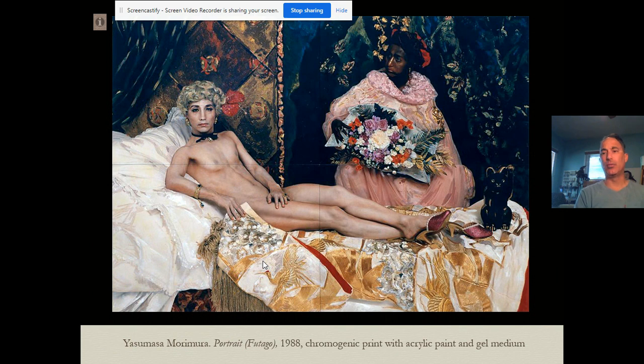Now, another artist working with the idea of photography and identity is this guy here, Yasumasa Morimura, and his image portrait. And obviously, as you can see, he's referencing this idea of Manet's Olympia.